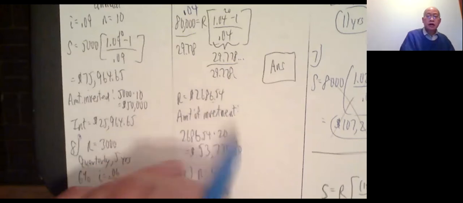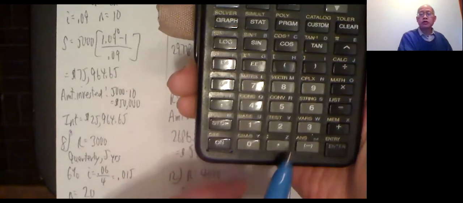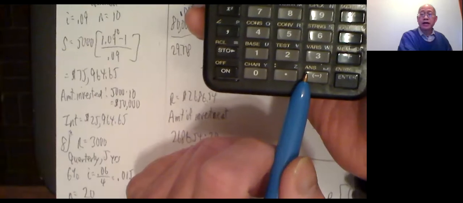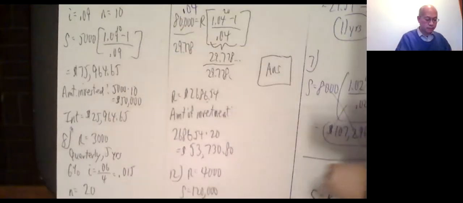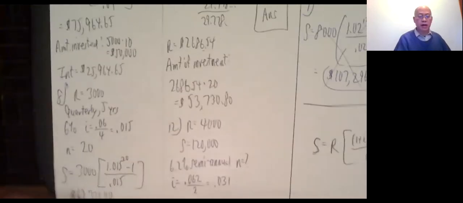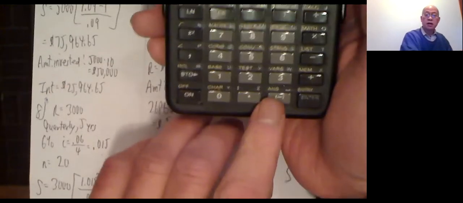But if you have the answer button, inside the calculator's memory, it stores the last answer that you have. And you have a special button for it called answer. On my calculator, it's second function above this. So watch what happens here. Instead of typing all those numbers that I did over here, I'm going to type 80,000 divided by answer, which is second function answer key.